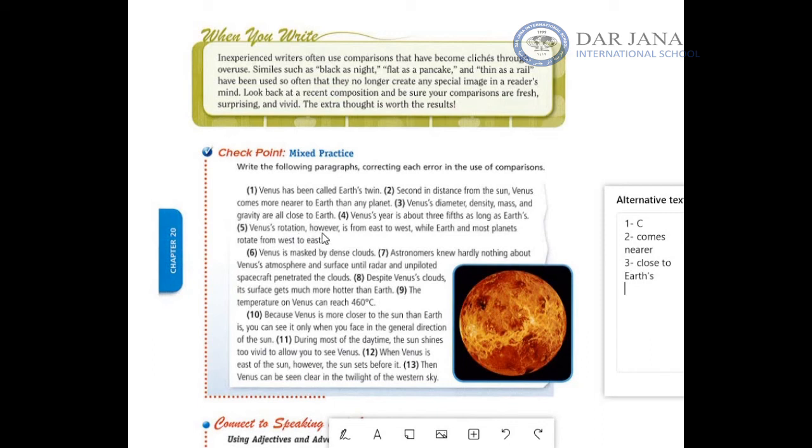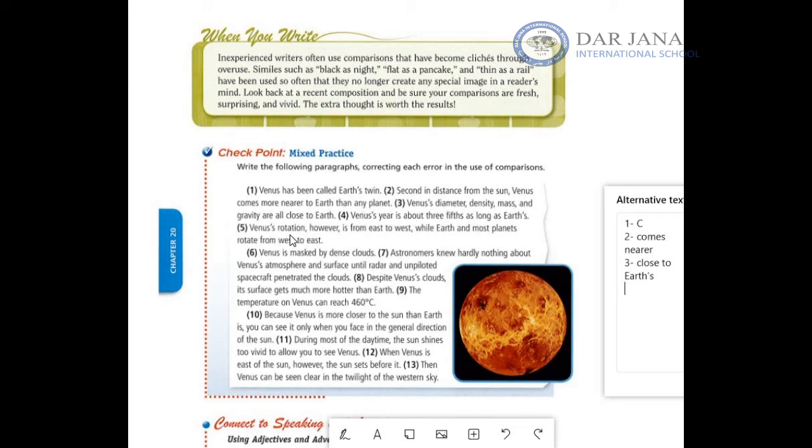Sentence 5. Venus's rotation, however, is from east to west, while Earth and most planets rotate from west to east. The problem with sentence 5 is the comparison. The comparison is between a member of the group.